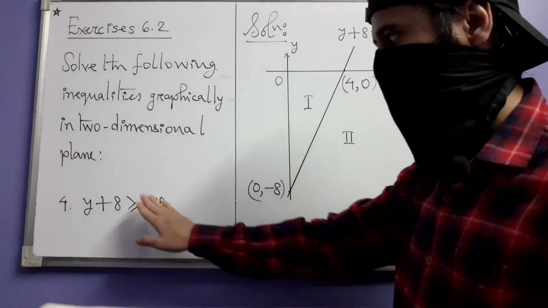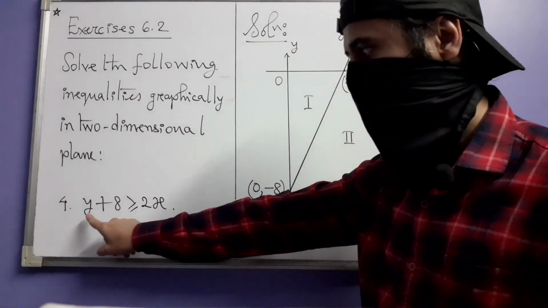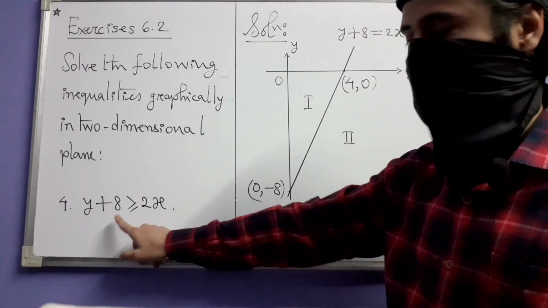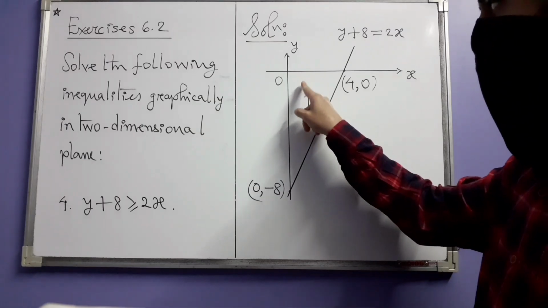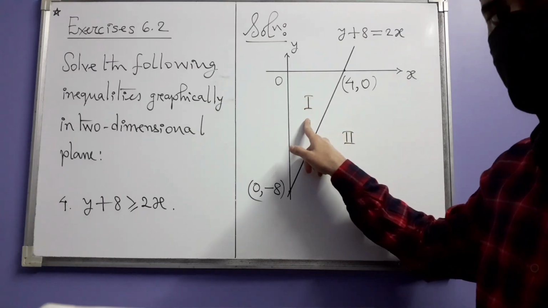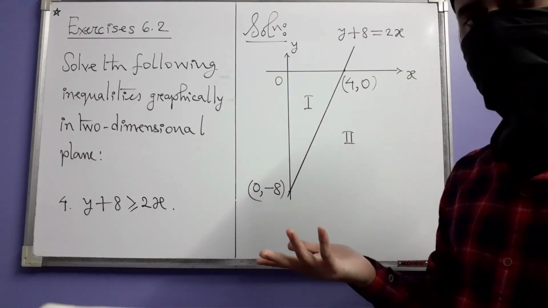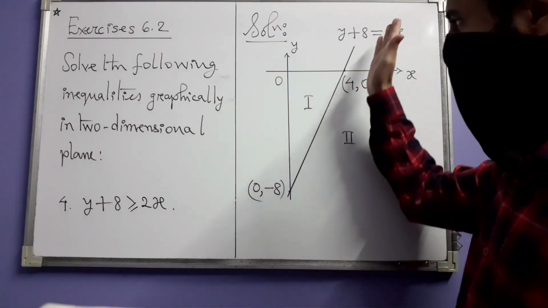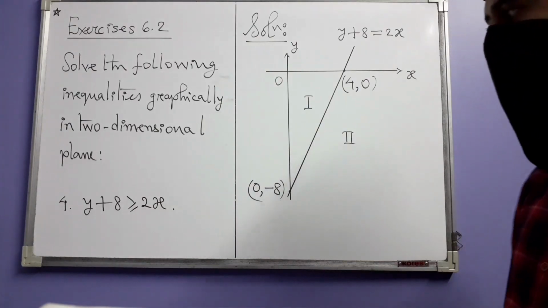That means you put x equal to 0 and y equal to 0. So is this inequality satisfied? The left hand side becomes 8 and the right hand side becomes 0. Yes. So that means the half plane 1 is the solution set along with all the points on this line because there is option for equality.